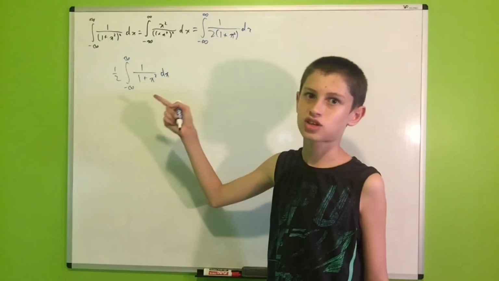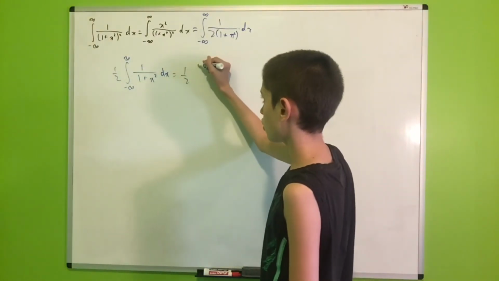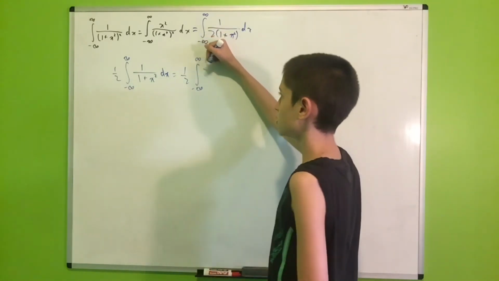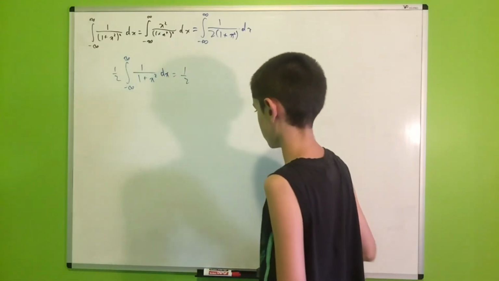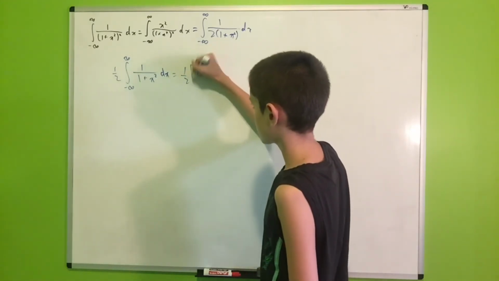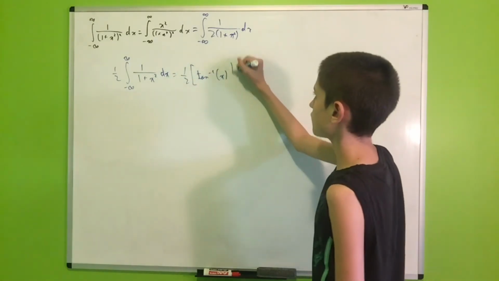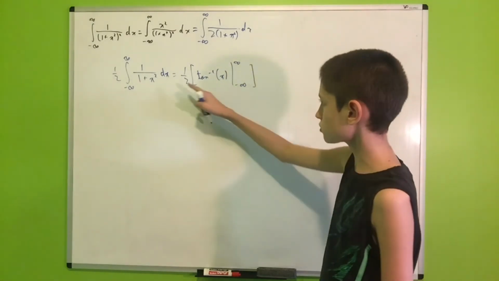But 1 over 1 plus x squared is just the derivative of the arctangent, so this will be 1 over 2 times arctan x evaluated at negative infinity and positive infinity.